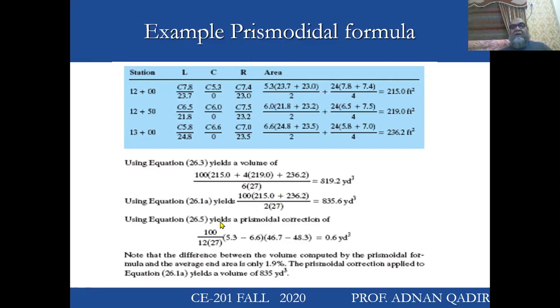So you can always find the volume using this method, right? And you can use the average end area method as well, in which you will add 115 to 36.2 plus 2 times 219 and multiply by 50 divided by 2. So you will get this volume as well.